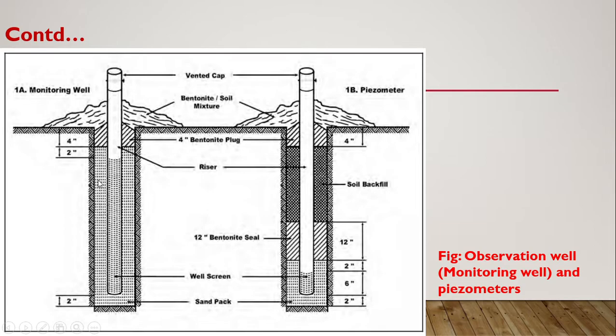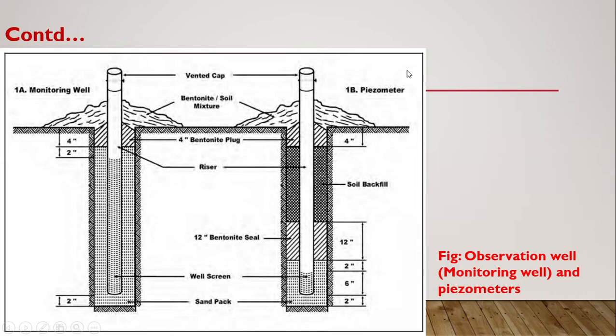So water can enter from all the sides and from the bottom. In the case of a piezometer, the perforations will be given at the bottom only. Water can enter into the well only by this perforated bottom. It cannot enter into the well from the sides. So this is the difference between observation well and piezometer.